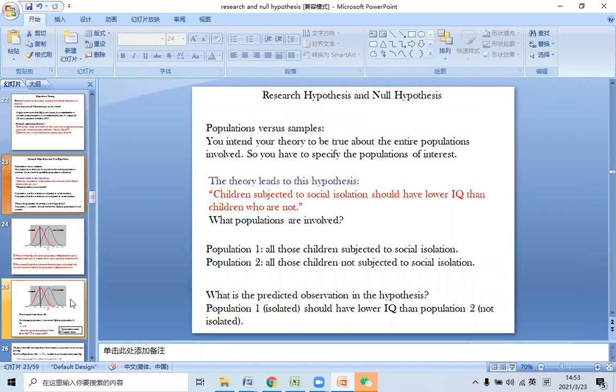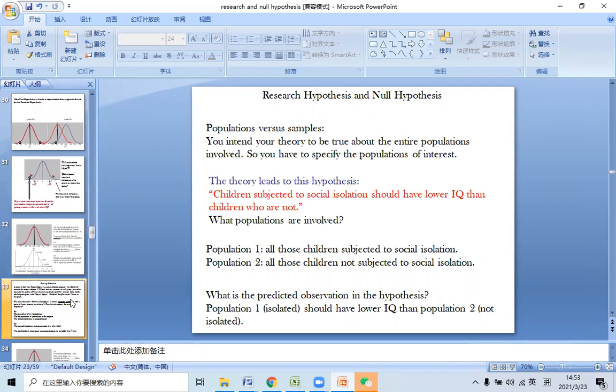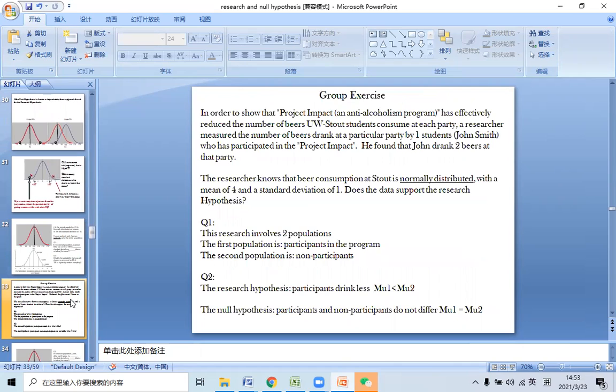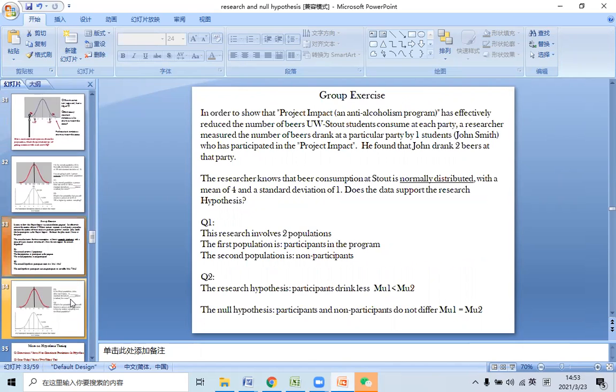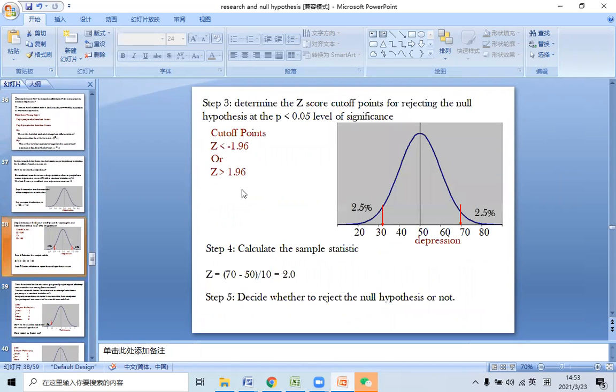When you decide to reject the null hypothesis, it's not because the null hypothesis is true. You don't really know absolutely. You reject the null hypothesis based on your evidence.